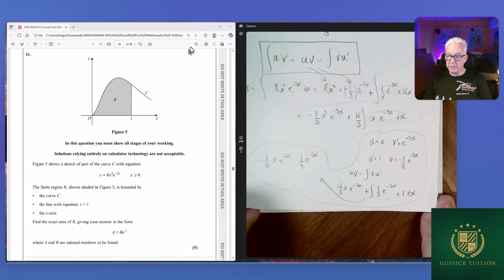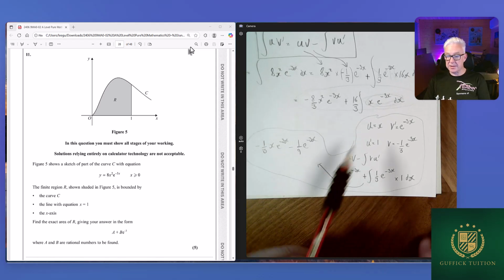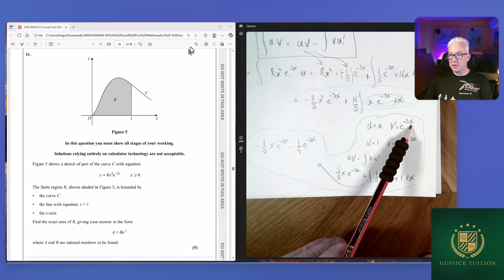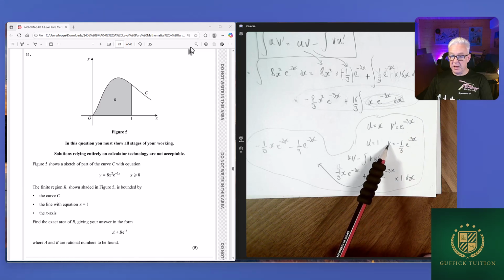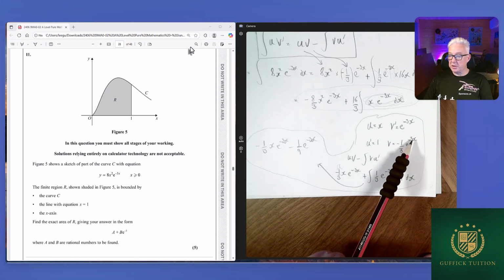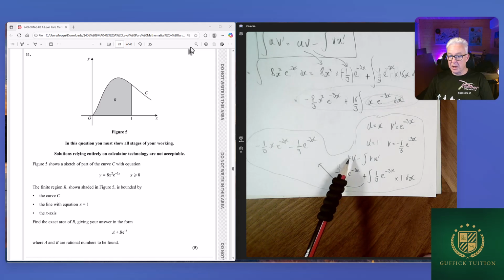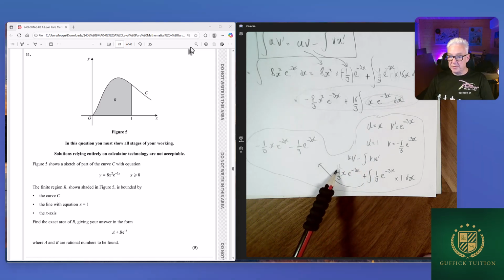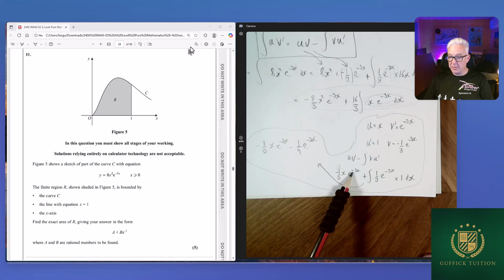Again, using LATE, our u is going to be x, so therefore u dashed is 1. v dashed is therefore e to the minus 3x, which means that v is minus 1/3 e to the minus 3x. Subbing into our formula, u times v minus the integral of v u dashed, gives us minus 1/3 x times e to the minus 3x.